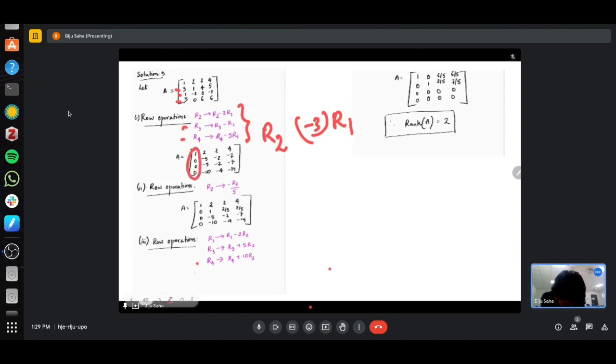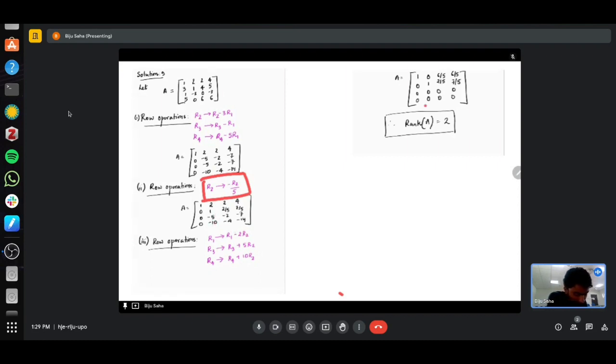Now let us check the second row. The second row's leading entry again has to be 1. That is why right now we are doing this operation, because this will be the leading entry. After that we perform a similar set of row operations to make the other entries of the column 0.